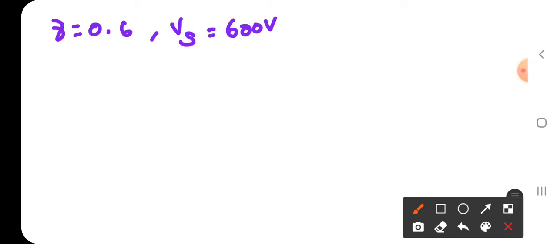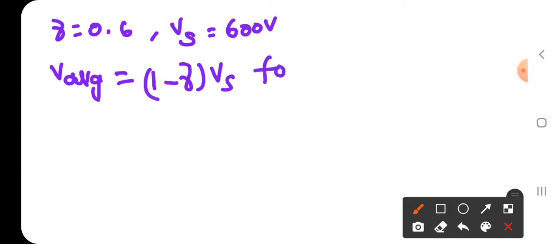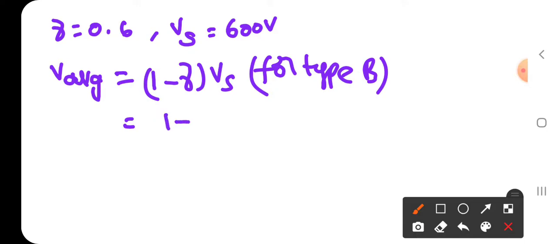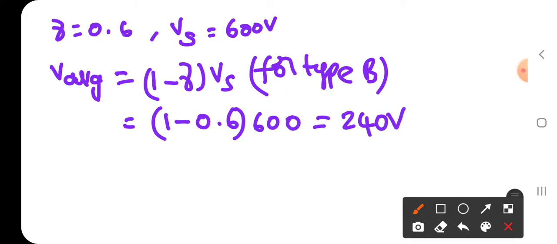Average is equal to 1 minus gamma into Vs. This is for type B. That means 1 minus 0.6 into 600 is 240 volts.